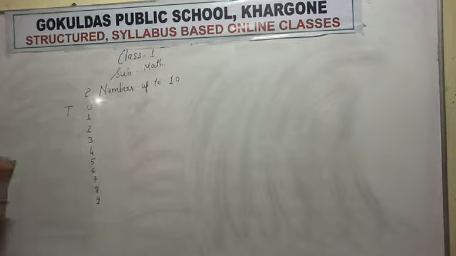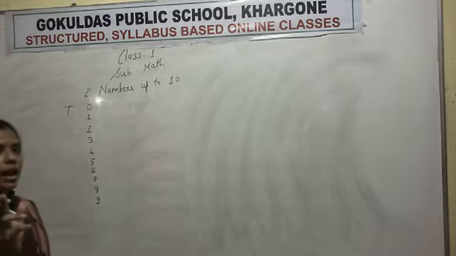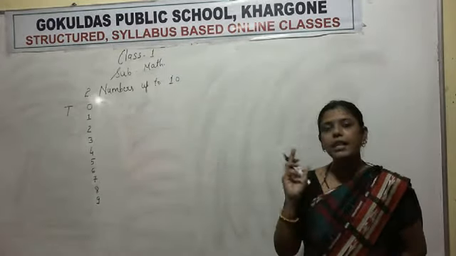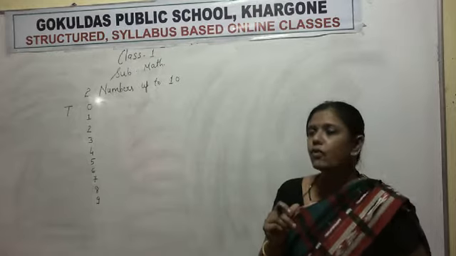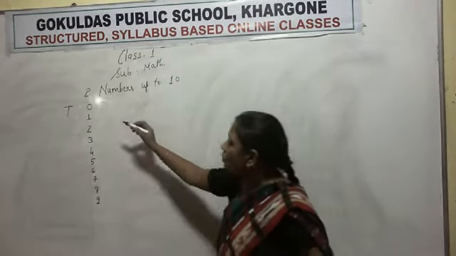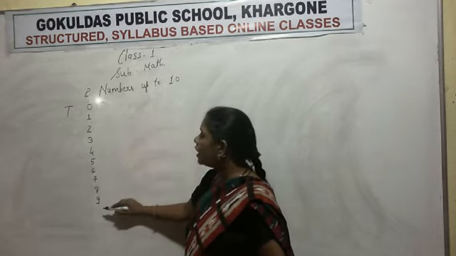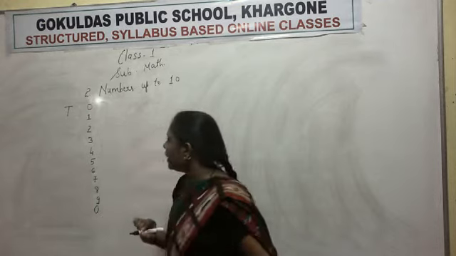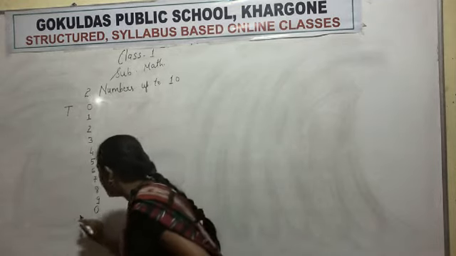Now 10. How do we write 10? 1, 0, 10. 10 has two digits, 1 and 0. First we place 0 at the ones place, and we place 1 at the tens place.